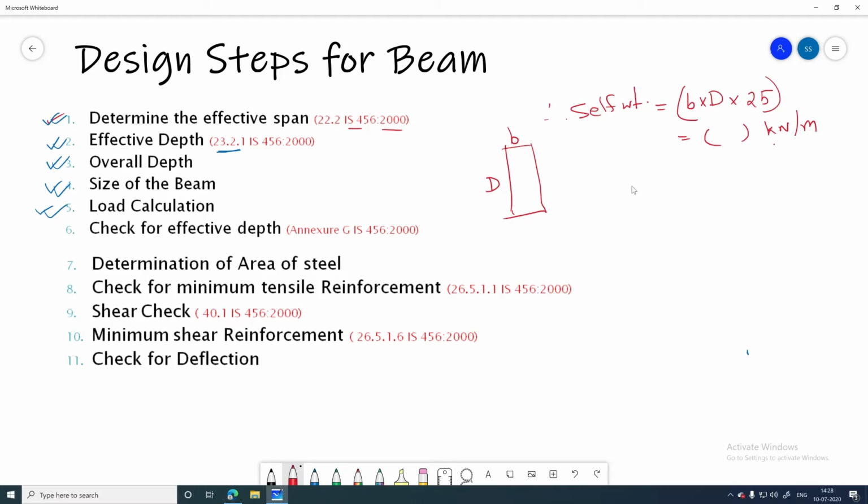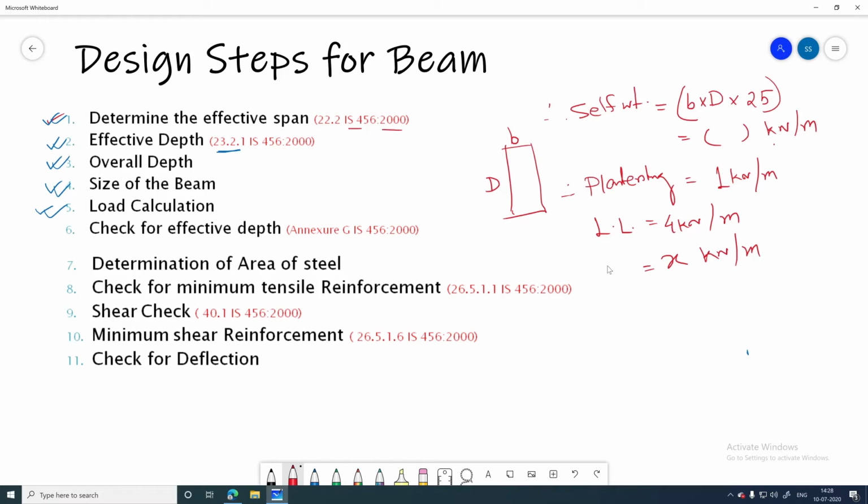Now for plastering we consider 1 kilonewton per meter, and the imposed load or live load, if given, suppose this is 4 kilonewton per meter. Ultimately we need to add all those values, suppose that becomes x kilonewton per meter.